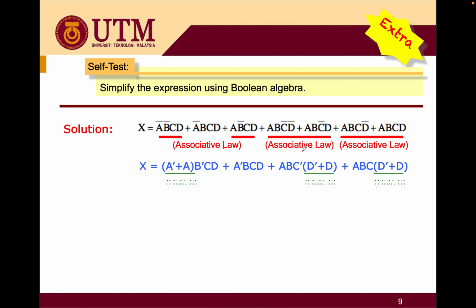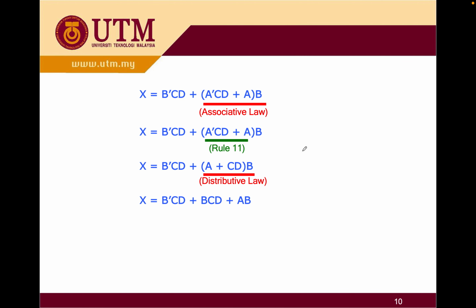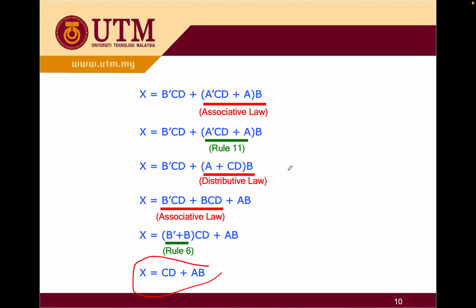And from all of this, you can see the final answer is C D plus A B. From here, you can draw your AND-OR logic.